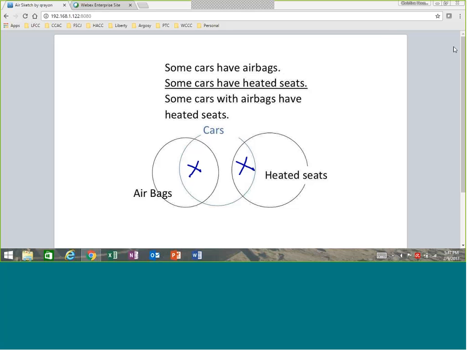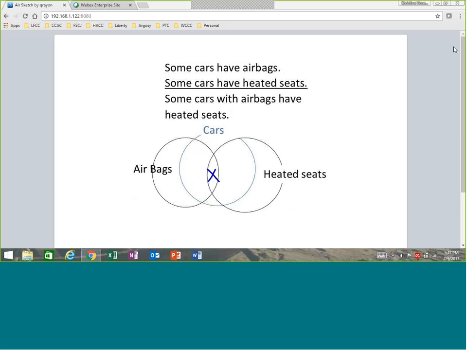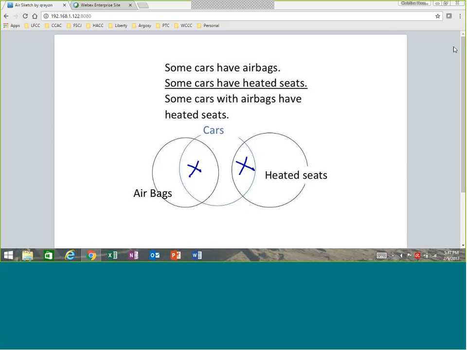But I don't know if the airbags and the heated seat circles intersect or if they don't intersect, which is why I'm drawing it this way where they do intersect, and I'm drawing it this way where they don't intersect, because I'm not told in the premise statements.